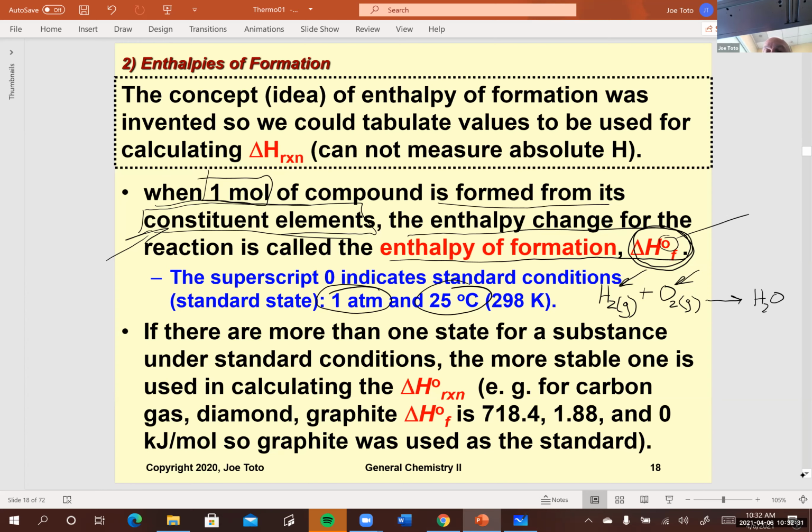Now, if I wanted to balance this, I could, right? I could put a 2 here and a 2 here, and then it would be balanced. Now, does the delta H of this reaction equal the delta H of formation of water?